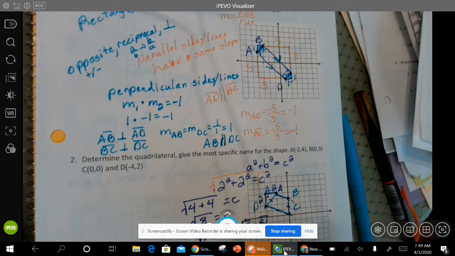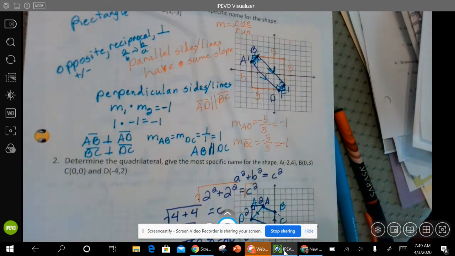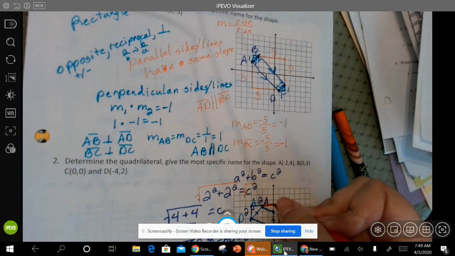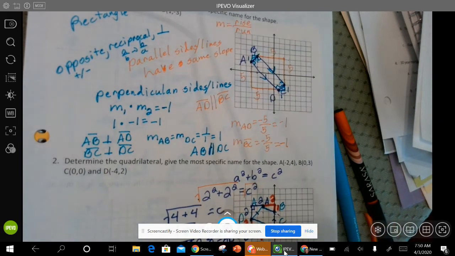And then if we want to check if these sides are parallel, remember how we can do that? So we're going to use our slope, rise over run, so 1 over 2. Same thing here. So this is over 1, 2, 3, 4, up 2.